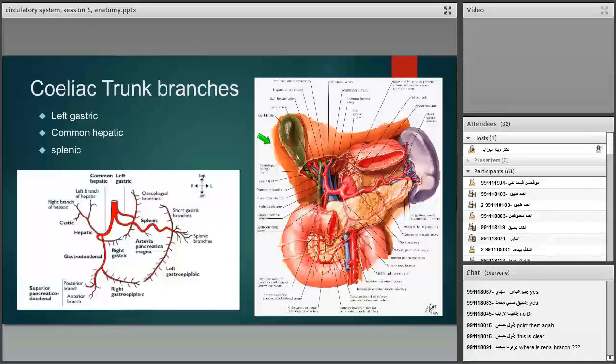Now, the first branch which I'm going to explain is the coeliac trunk. This is one of the unpaired visceral branches of the abdominal aorta.